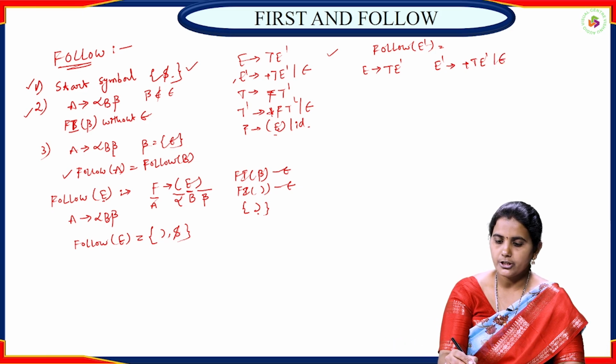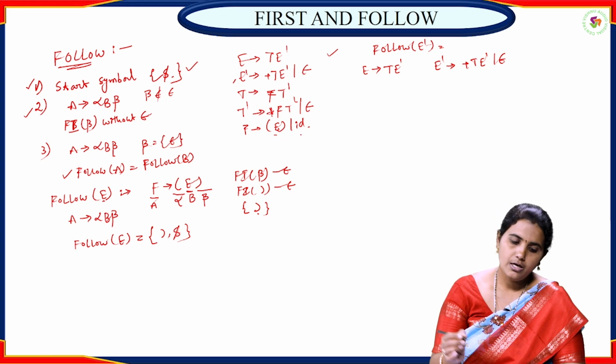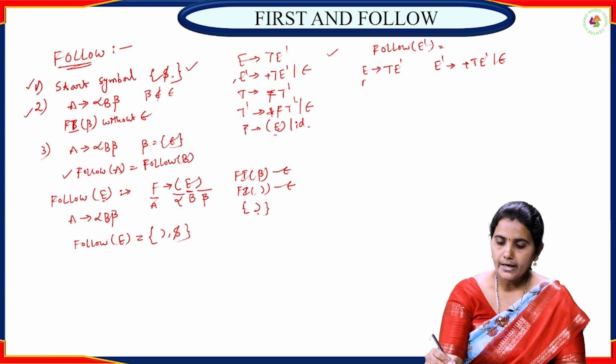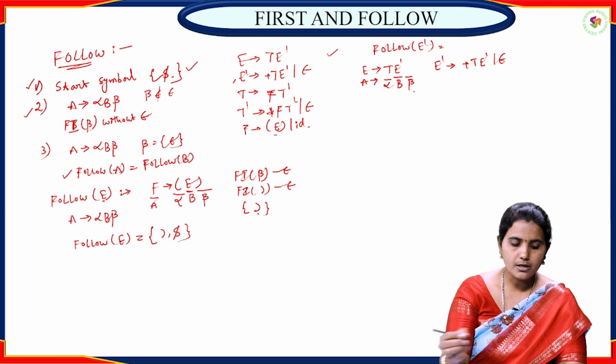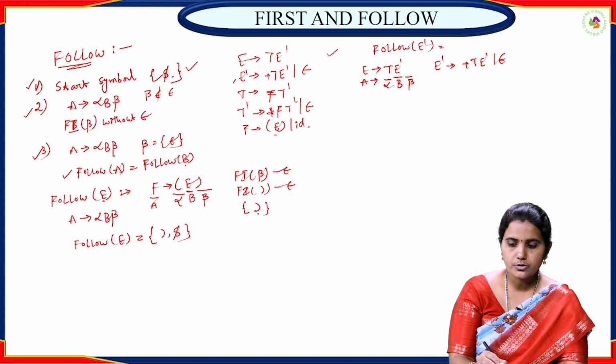Now in the third production E dash is not found. In the fourth production E dash is not found. In the fifth production E dash is not found. Let us go for the form A implies alpha B beta. Here E dash is B, the left hand side is alpha, the right hand side is beta. Beta is an epsilon case.